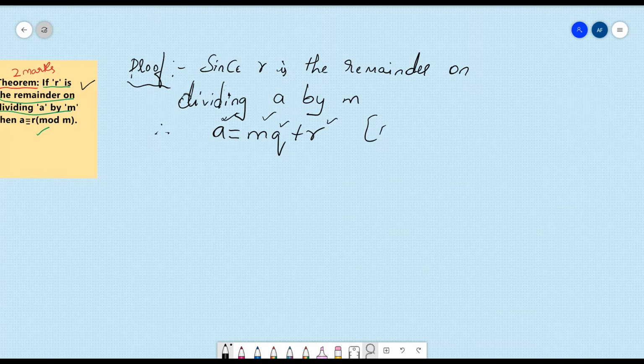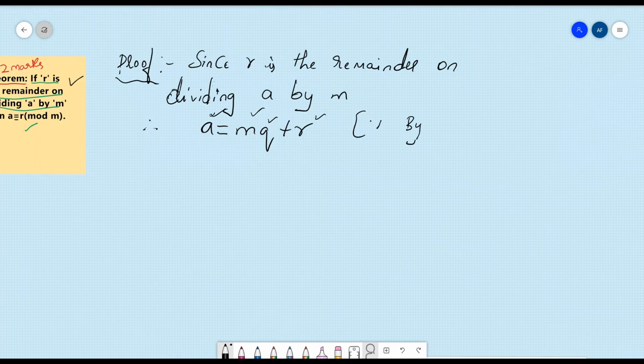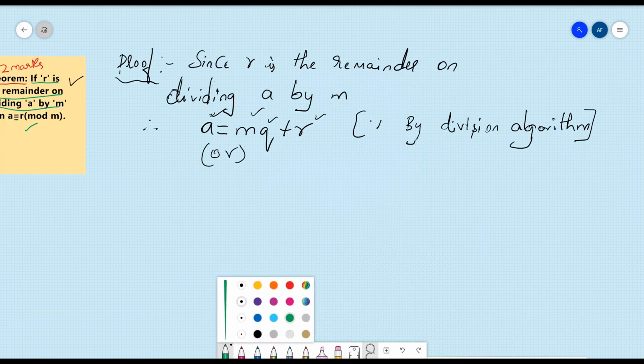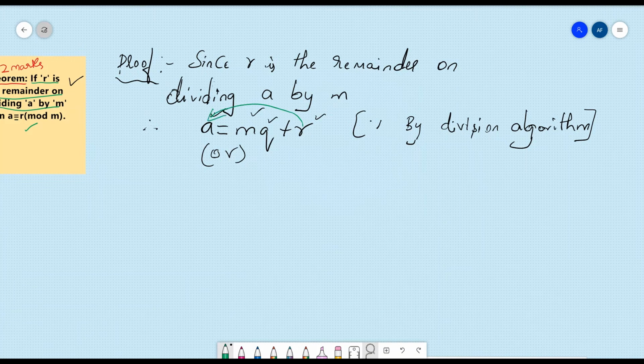So I'll just write down, since by division algorithm, I'll shift this r to the other side. So what I'll get?